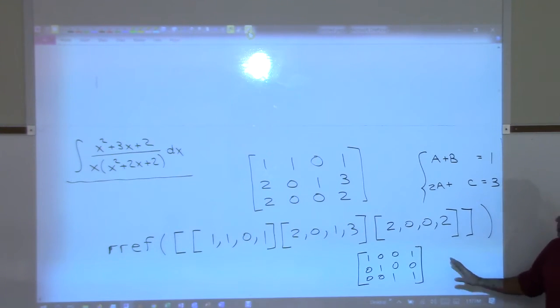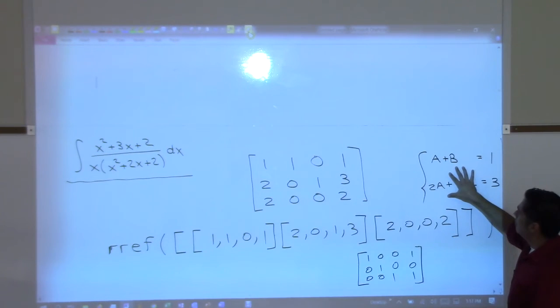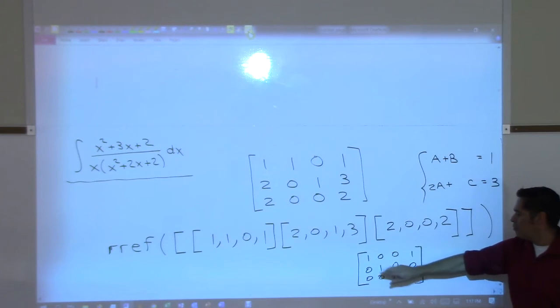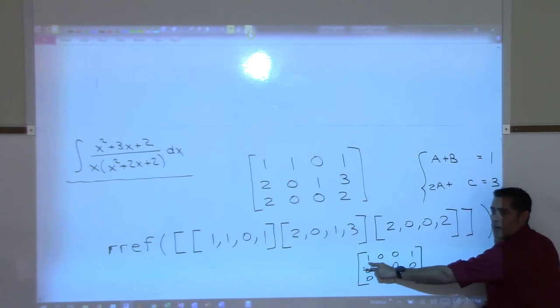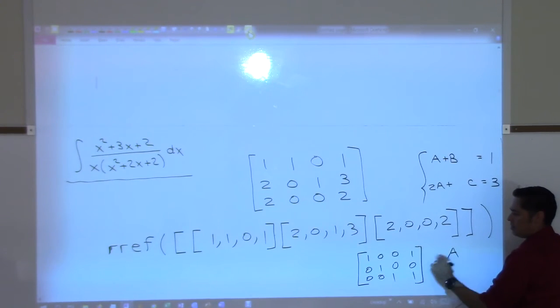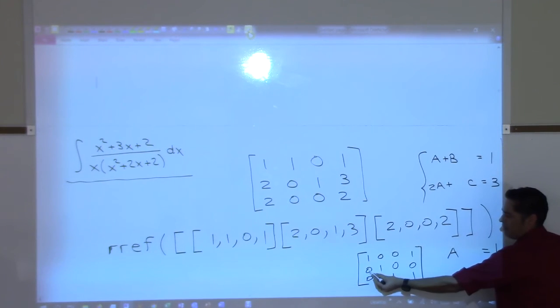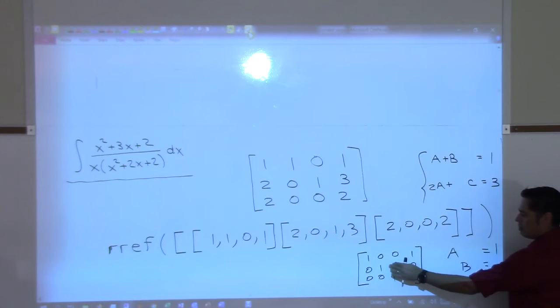So do you remember where these coefficients came from? They came from this, right? So if I gave you this and asked you to rewrite this back in this form, this is the coefficient on A, isn't it? So this line would be saying what? A is 1. A is equal to 1, right? And this one would be saying what? There's no A's. B is equal to 0.